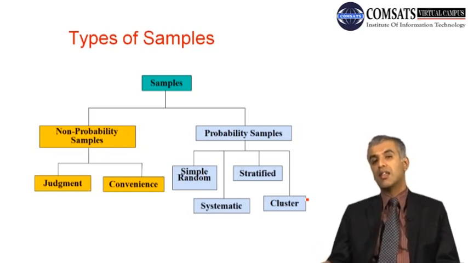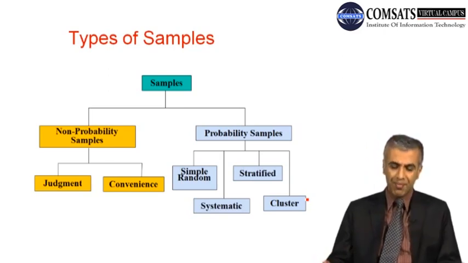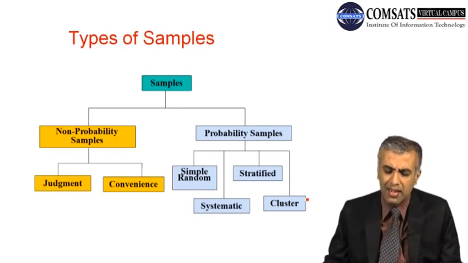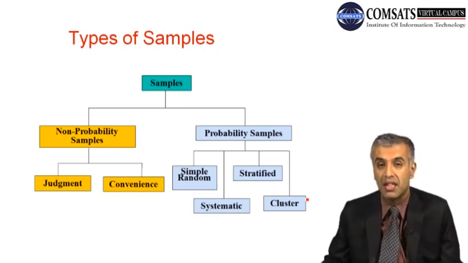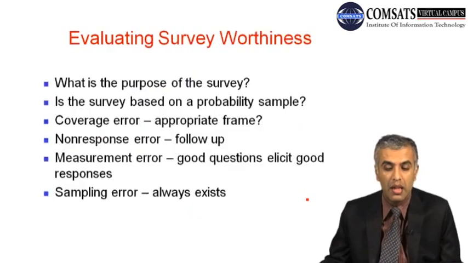Though the nature is random, we try to select our respondents after a certain number of individuals in the sampling frame, so that the selection of the individual from the sampling frame becomes systematic. Then we had a discussion on stratified sampling, how we can make the strata different, and then again in cluster we were dealing with clusters.